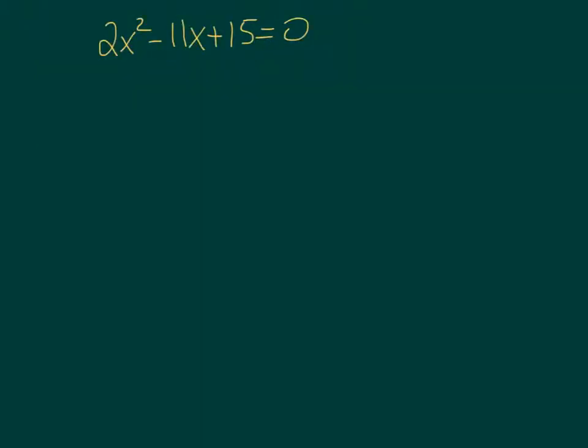Okay, so we're just going to solve this like we would any other quadratic. This one does factor, but if it didn't, we would just use the quadratic formula. Or if you're more comfortable with the quadratic formula, go ahead and use that. But I'm just going to go through the steps of solving this.